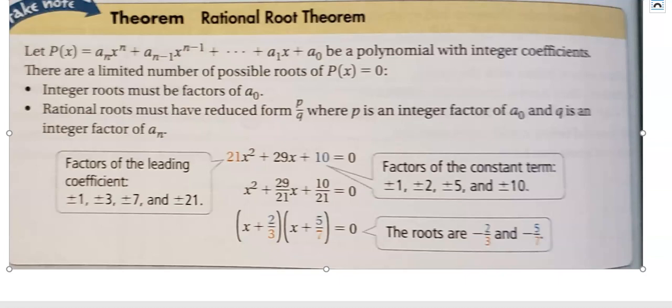Now we're going to do something with those. It says the rational roots have a reduced form, so we need to put all the numbers together that we can. The P is on the top, the Q is on the bottom. So how do we do that? Take a look at problem 1, page 313.